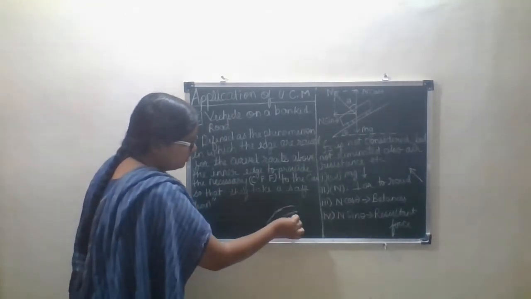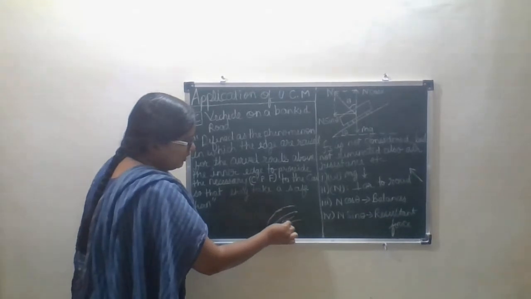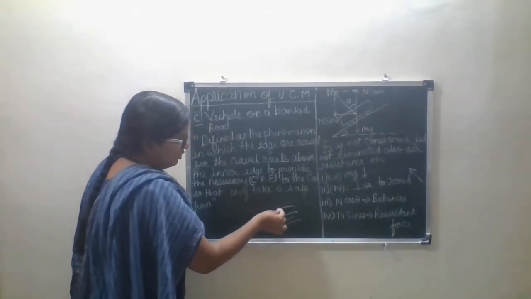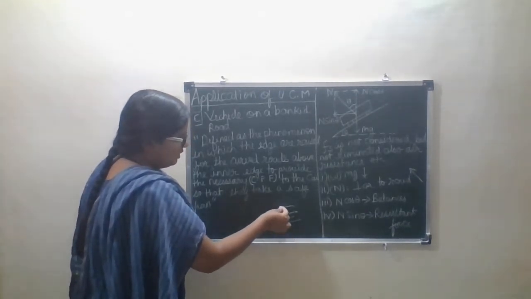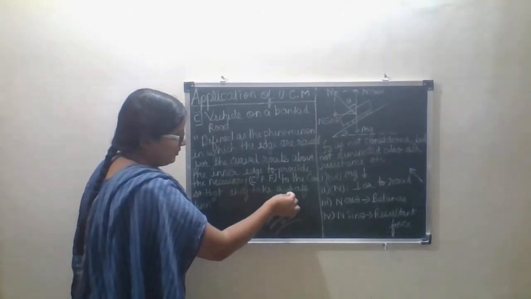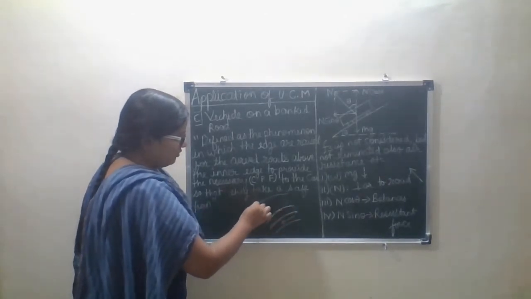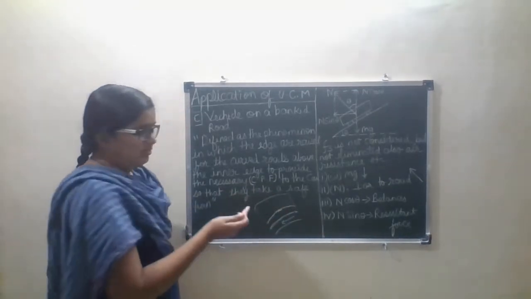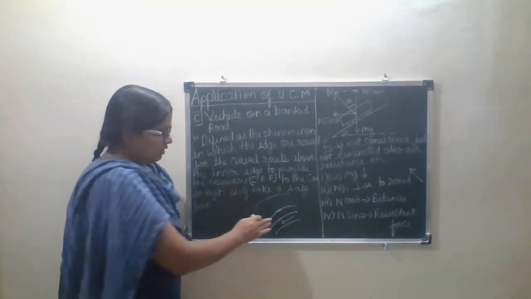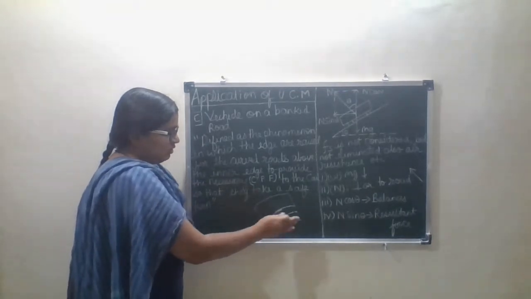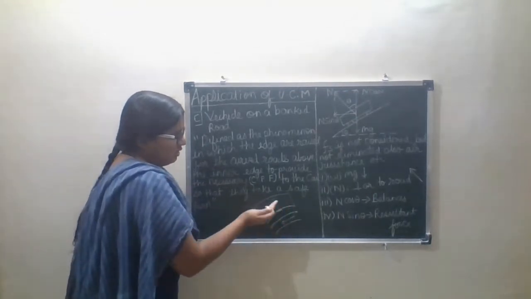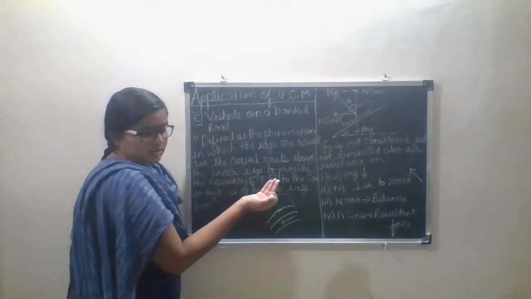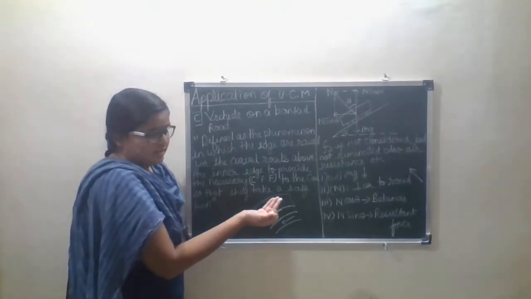The car was first moving in this way, on the horizontal circle. But when the builder builds the road somewhat in the upward direction, like this, this is the level of the circular road, and it is tilted a little bit from the curved surface.